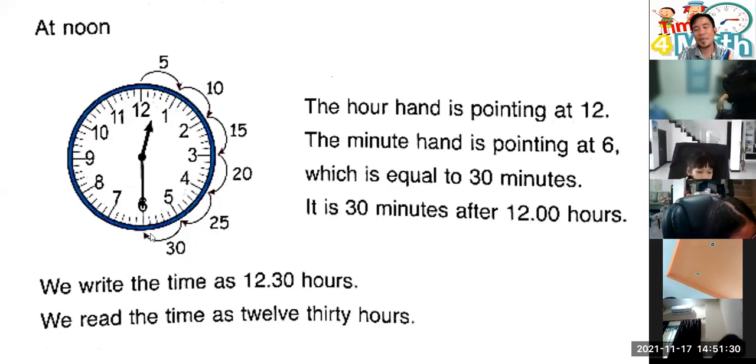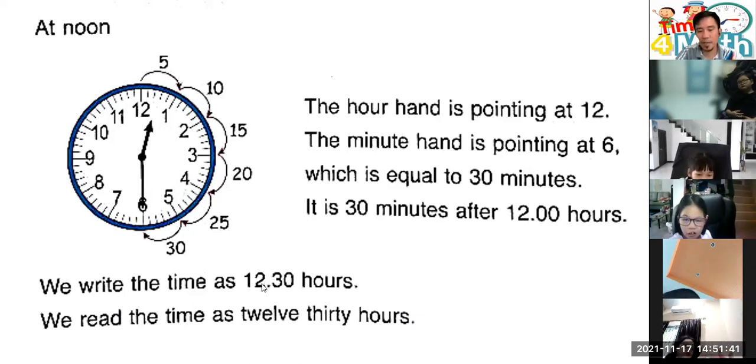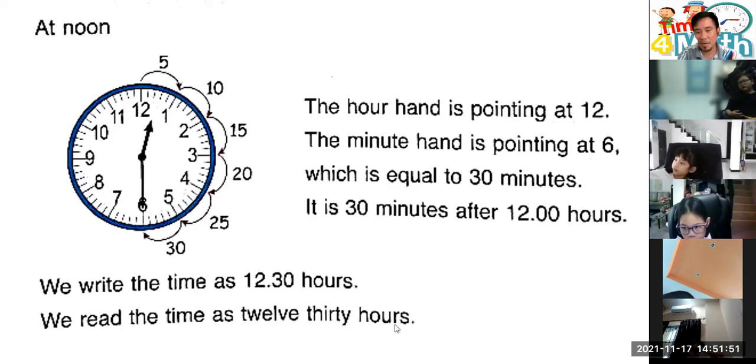So it is 30 minutes after 1200 hours, and we write this as 12 and then dot and then 30. We can read it as 12:30 hours.